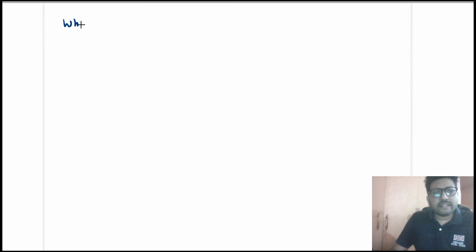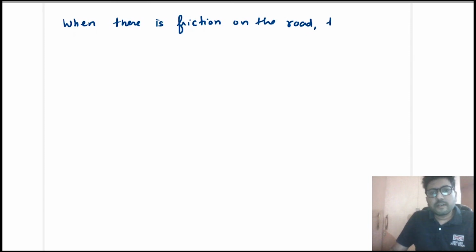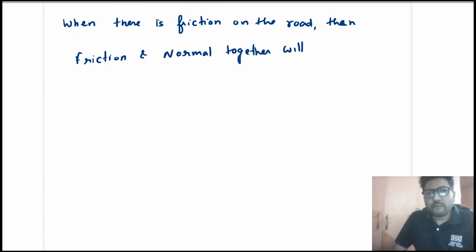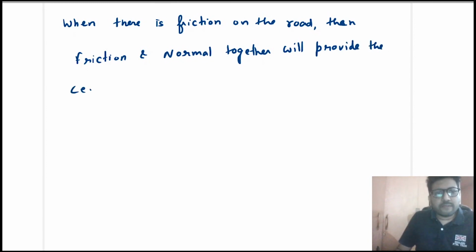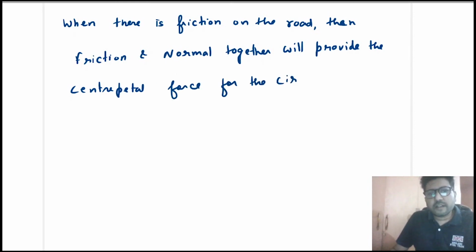So when there is friction on the road, friction and normal together will provide the centripetal force for the circular motion of the car.